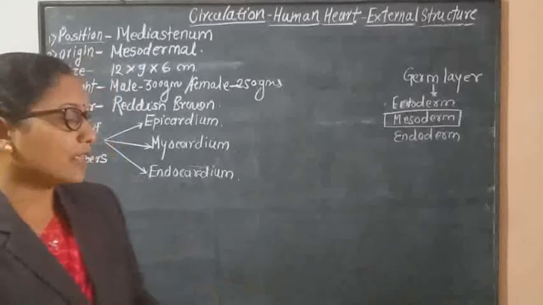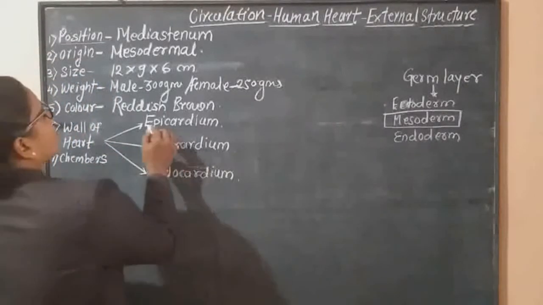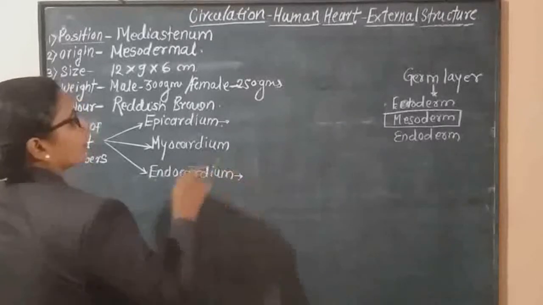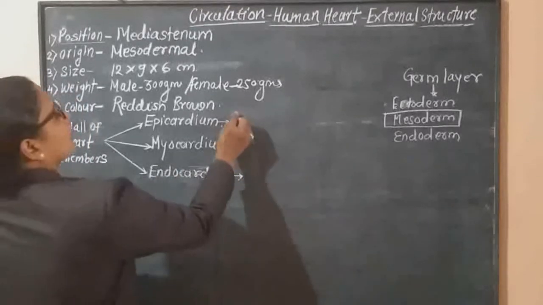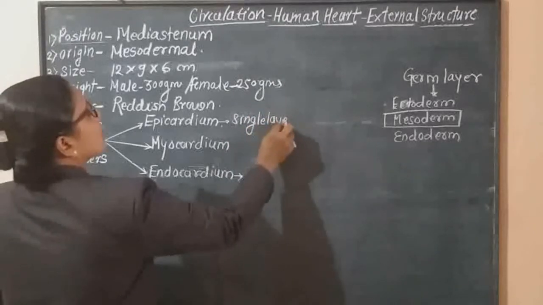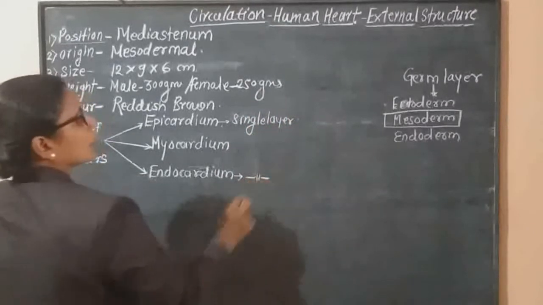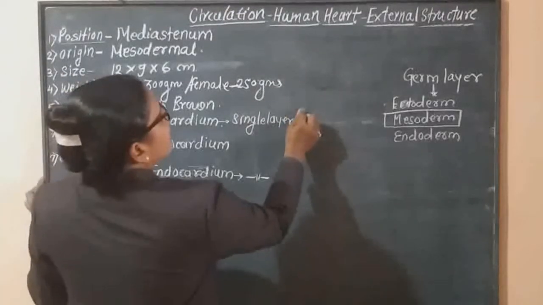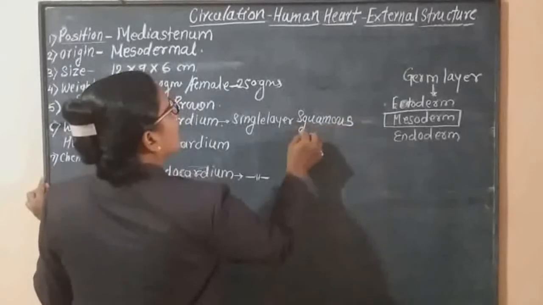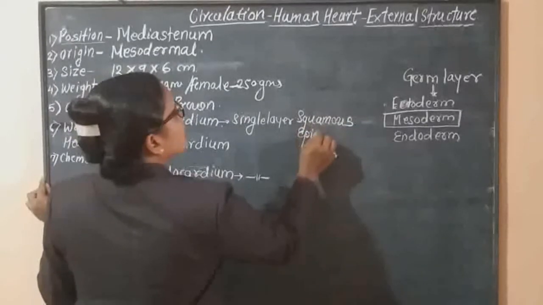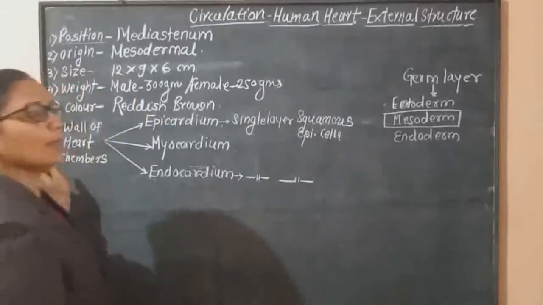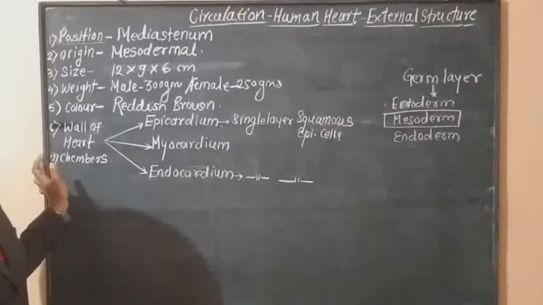Okay, now we will see the details. The epicardium and endocardium are single layers, made up of squamous epithelium cells.